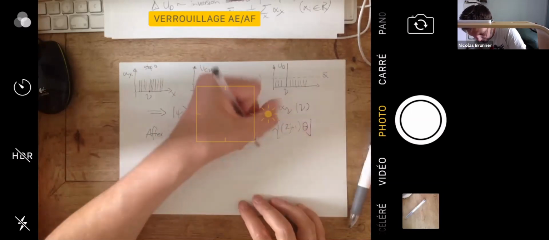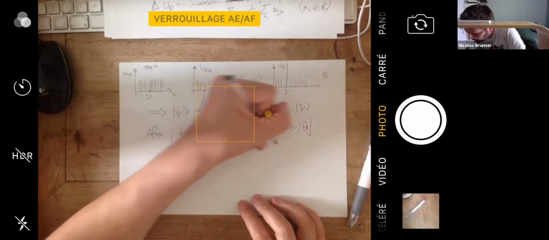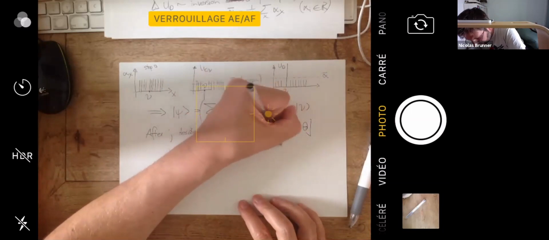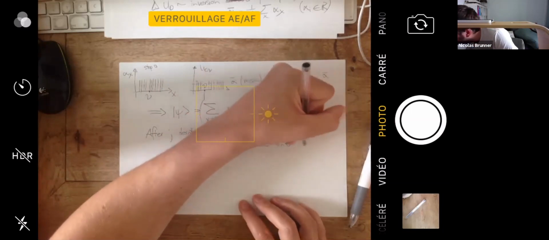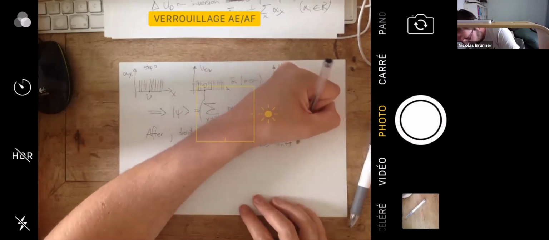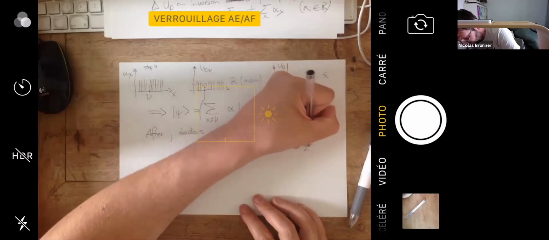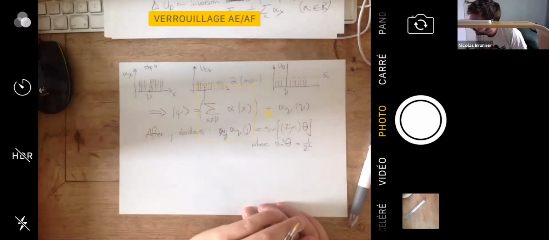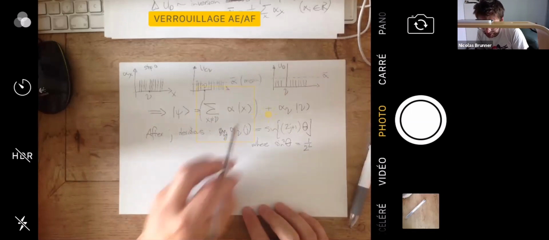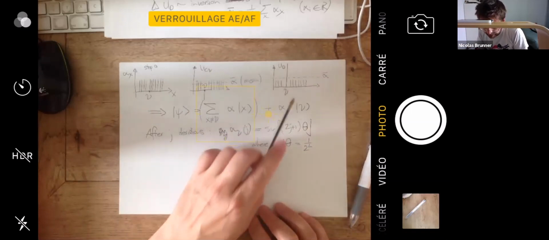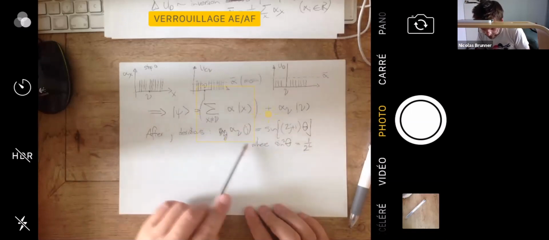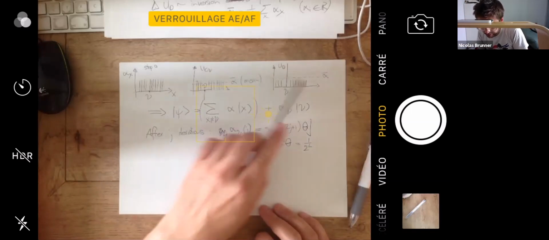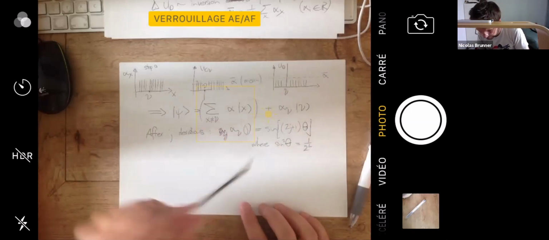For completeness, let me say that sine squared theta is equal to 1 over 2^L. So you see there is some interference going on, and when you iterate this procedure, this interference builds up.